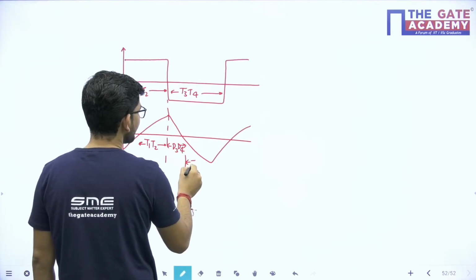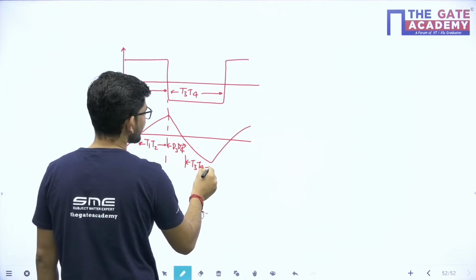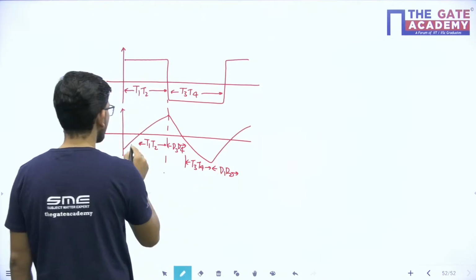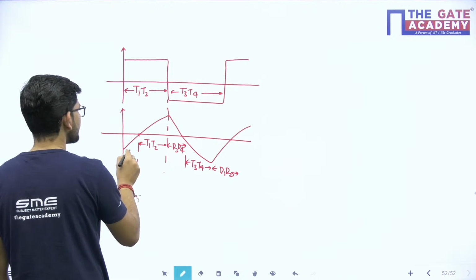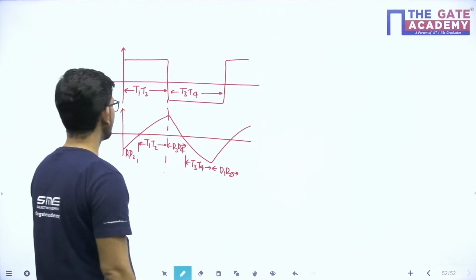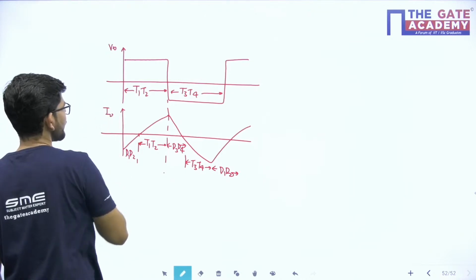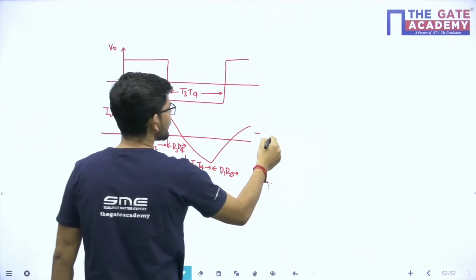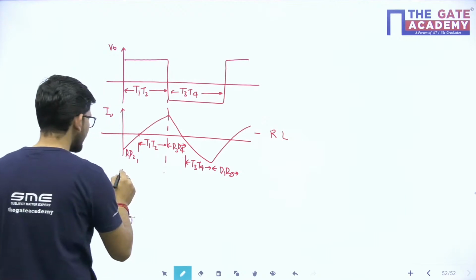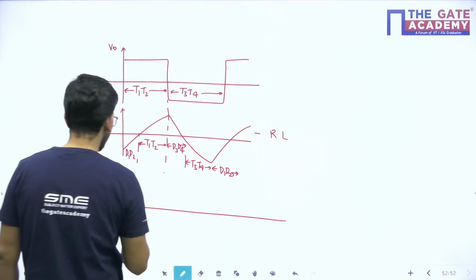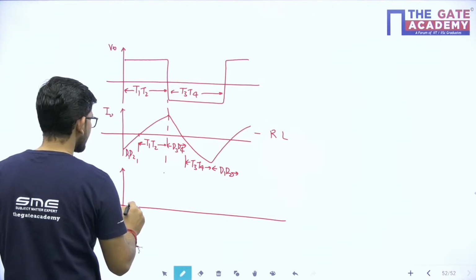Again I will have T3, T4 conducting here, and again I will have D1 and D2 conducting here. Okay, so this is how the different switches will operate. This is V0, this is I0 for RL load. Now if I talk about RLC load, then my waveform will be something like this.